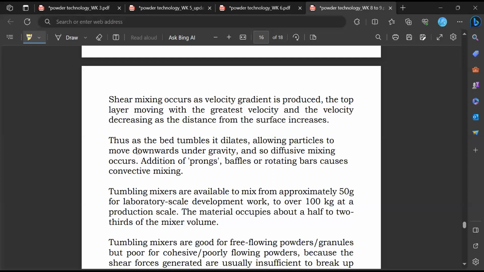Because of that, when the bed tumbles, it dilates, allowing the particles to move downwards under gravity. So there's diffusive mixing that occurs, where individual particles mix, and that gives the true random mix.